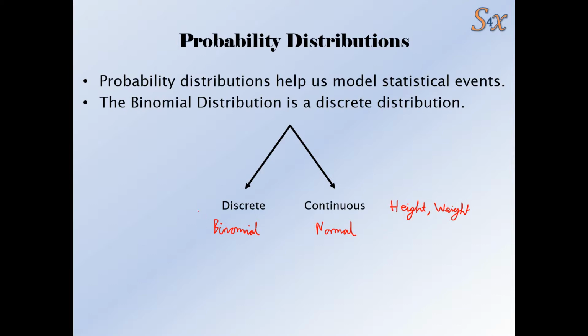Discrete distributions, on the other hand, only take certain values. Often these are integers. So discrete only takes certain values. That could be things like the number of times a coin lands on heads.